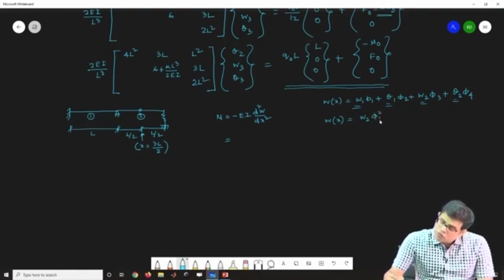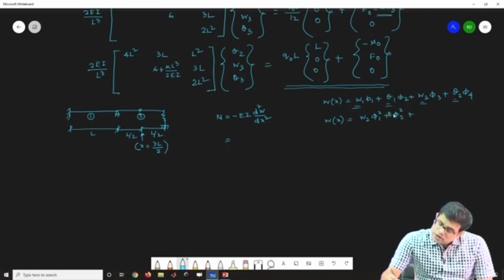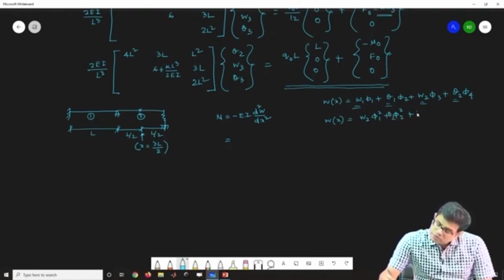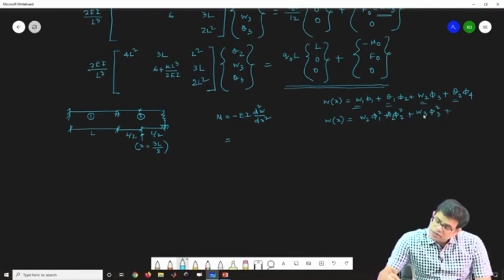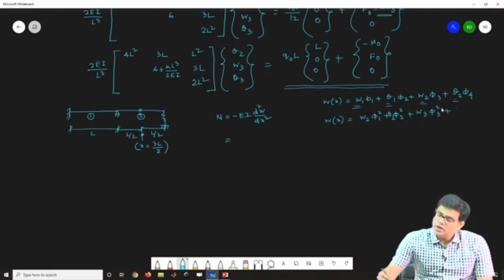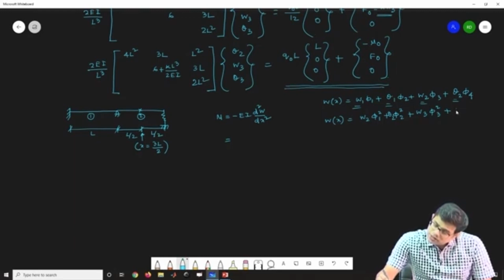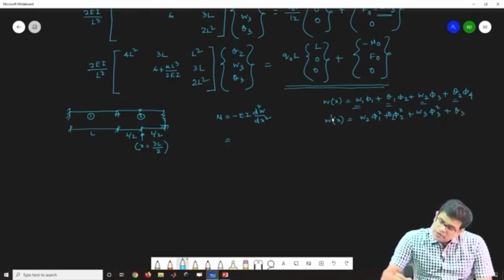So naturally in these calculations your w(x) will be of this form: w2 phi 1 from element 1, then theta 2 phi 2, then w3 phi 3 and theta 3 phi 4. What I want to mention is that these are the shape functions from element 2, right?